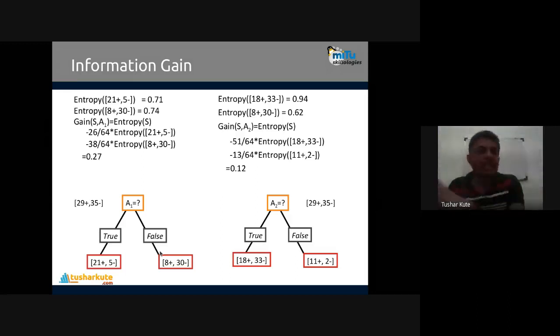Using this, information gain is calculated. You can see 0.27 information gain on the A1 side.